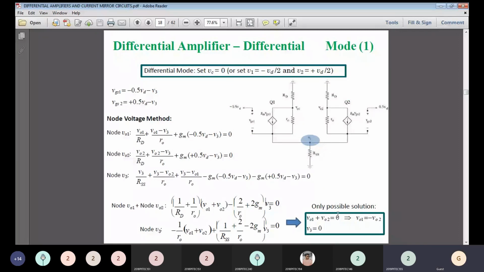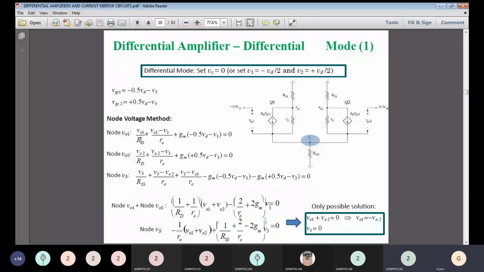So next is the differential mode of operation. In differential mode, two different sets of voltages we are going to give, that is the difference, a subtraction of two input voltages. So we are giving V1 as minus VD divided by 2 and V2 as plus VD divided by 2, and VGS is equal to, this is your value of VGS for node V01, and this is your value of VGS2.